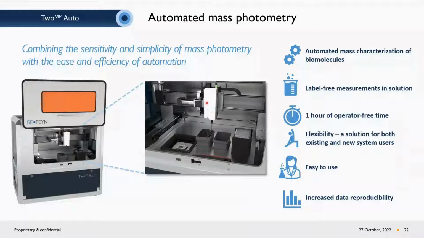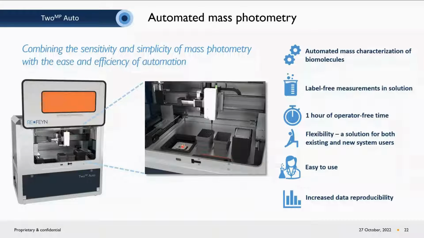Now here you see the pipetting robot, fresh pipette tips, a waste, and a 96 well plate. This is where you place your samples. You program the robot, and here you place a fresh glass slide with the wells, and it has 14 wells. So you can measure 14 samples autonomously, which equates approximately to 1 hour of operator-free time.